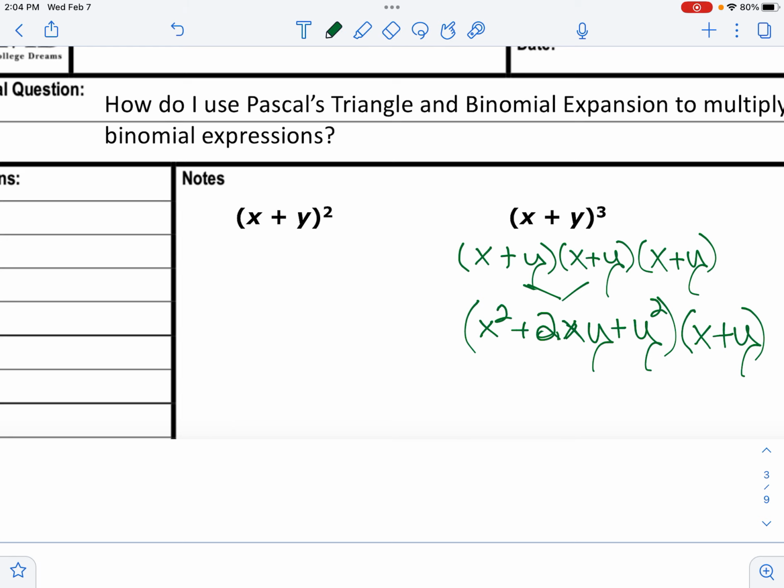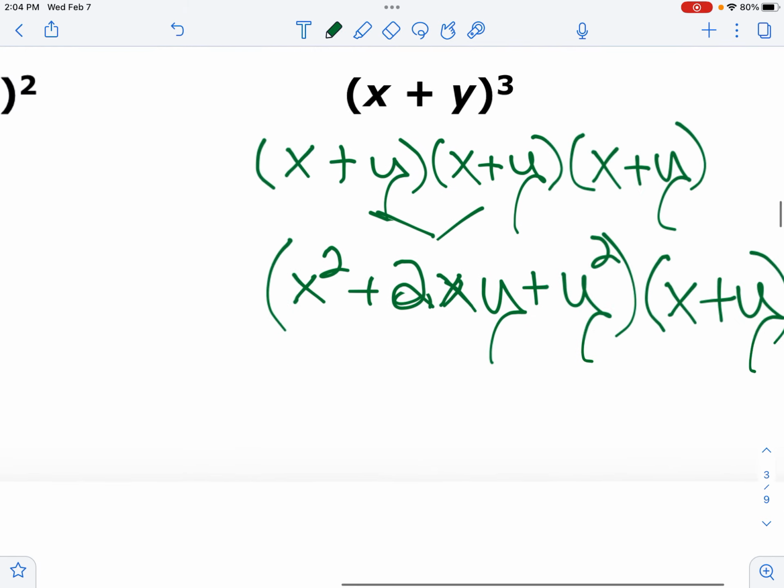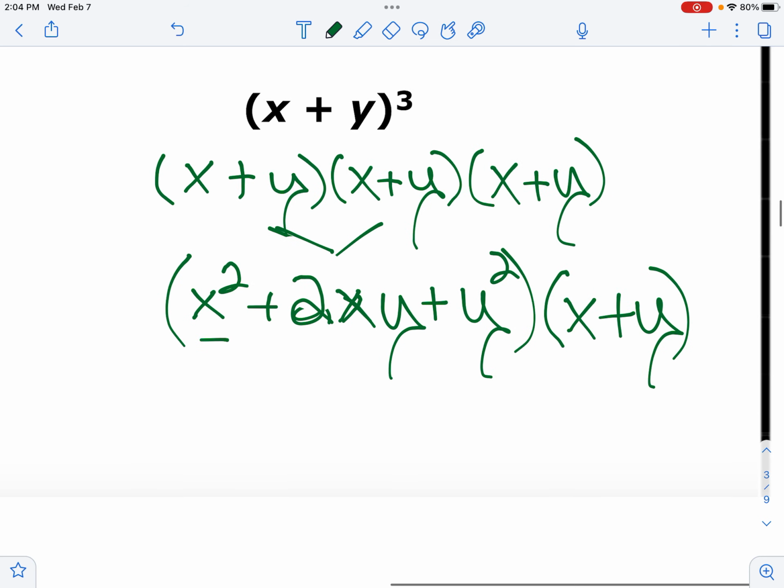All right, so what does that mean? Well, I want to take x squared times both of these, and then I'm going to do this times both of these, and then y squared times both of these. So let's do that. So x squared times x is x to the third power. x squared times y is x squared y.